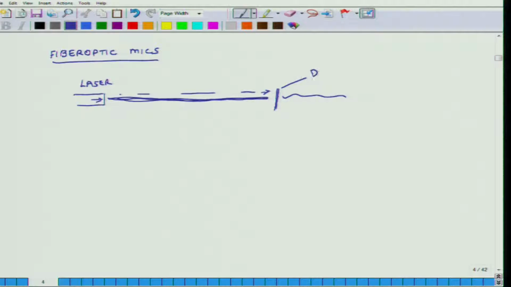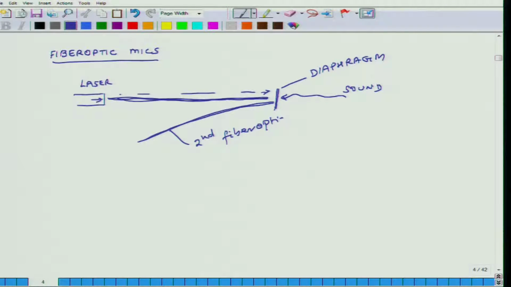So this is your diaphragm, and here you have sound, and then here you have a second cable and at the end of this I have a device called photodetector.